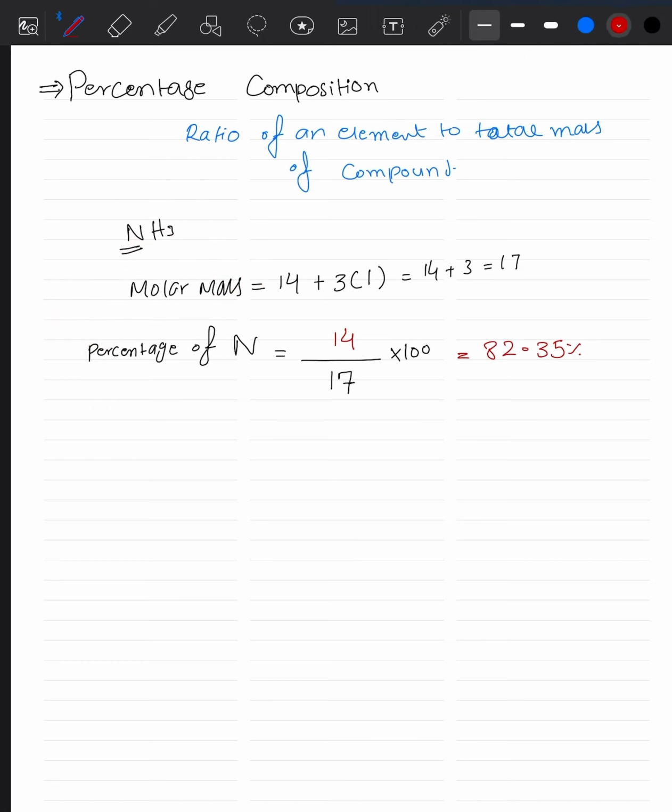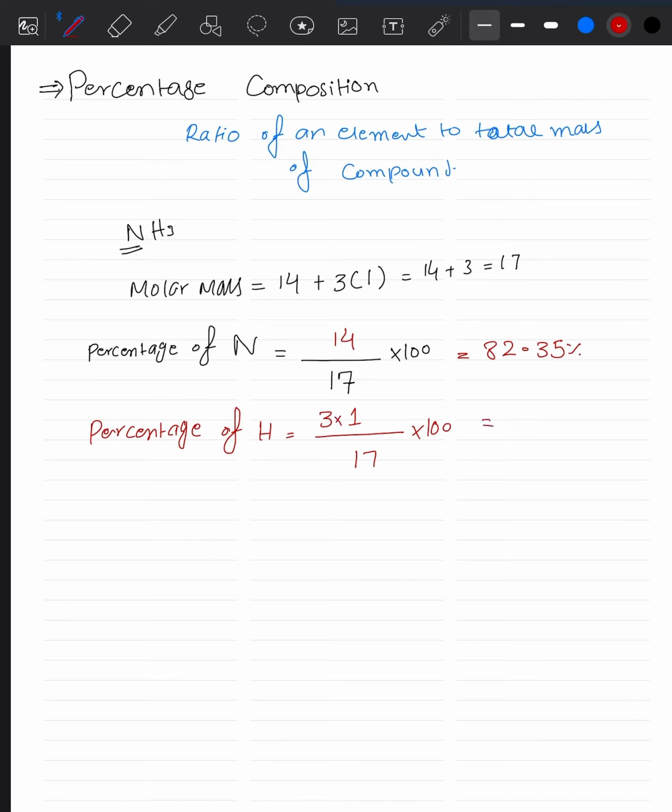We can find the percentage of hydrogen using the same formula. The mass of hydrogen is 1, but we have 3 hydrogens, so we multiply by 3.